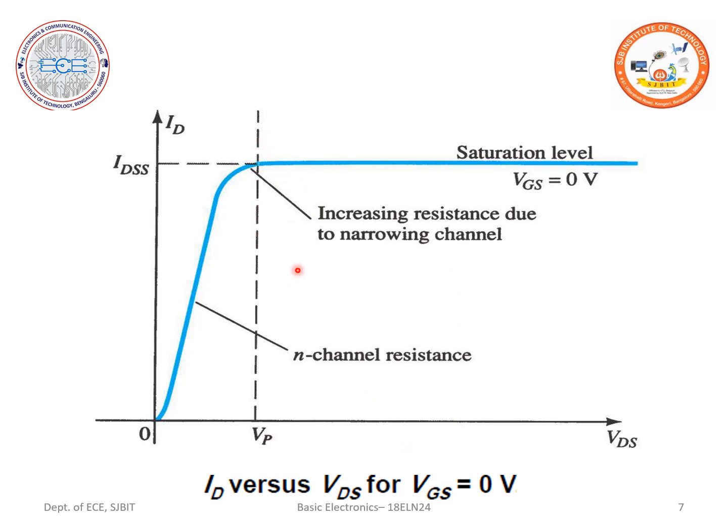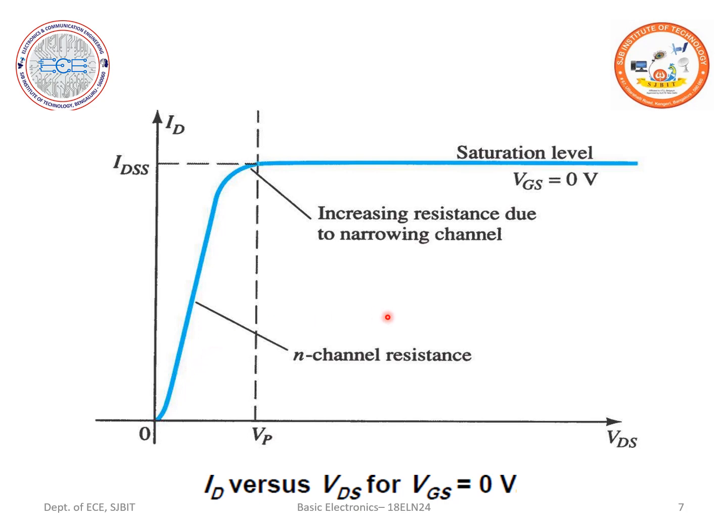After reaching the pinch off voltage, even if I keep increasing the drain to source voltage, it will not produce any increase in the current ID. Instead, as VDS increases, both depletion regions extend further into the channel, resulting in a narrower channel width, and hence a very high channel resistance is developed.